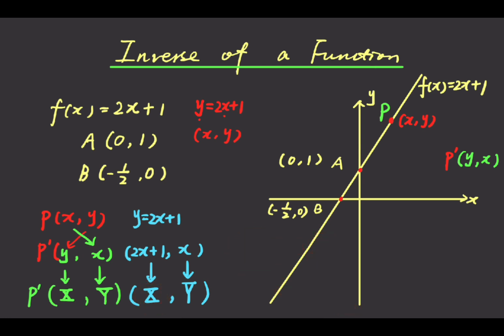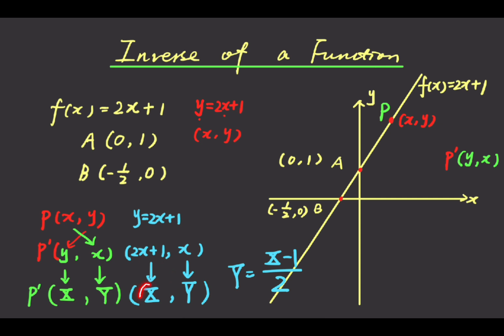Okay, so y equals this x minus 1 over 2, right? Because here x should be replaced by y. This should be replaced by this x. So this x should be replaced by this y in uppercase.